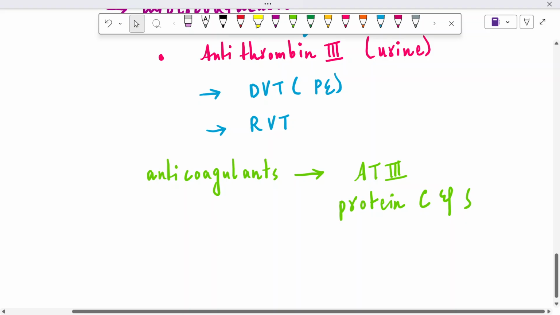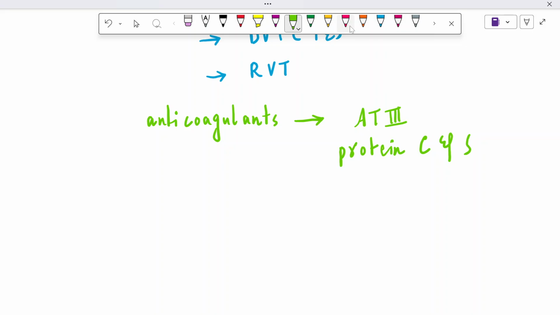One more thing, just for an extra edge: protein C is converted into activated protein C, and this activated protein C is going to degrade the clotting factors. And what type of clotting factors do we have? Clotting factor 5, okay.